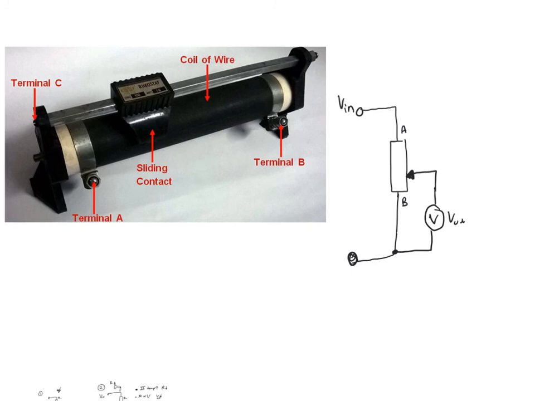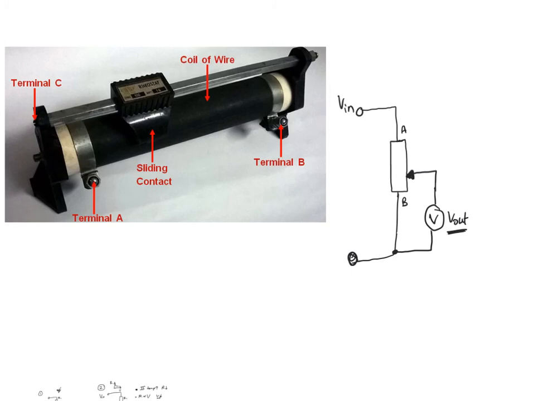Now, this is how we represent a potentiometer in a circuit. And since we already know that a potentiometer is quite similar to a potential divider because it splits the potential difference to what we want it to be from V out.